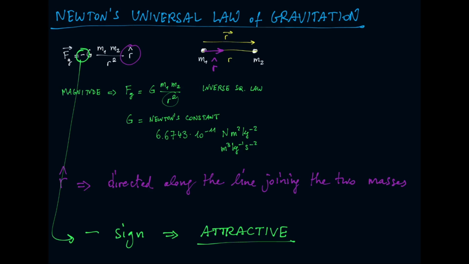For gravity, it's only attractive. As it turns out, Einstein sort of explained why that is, but even at this stage, this minus sign is what explains that, and the fact that the masses are always positive. There's no such thing as negative mass in physics.